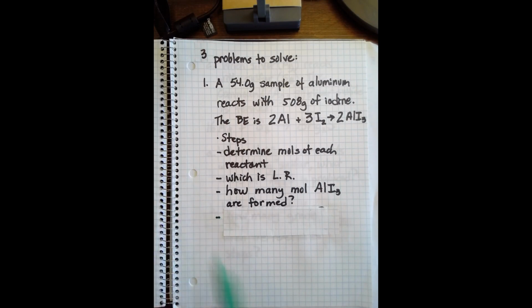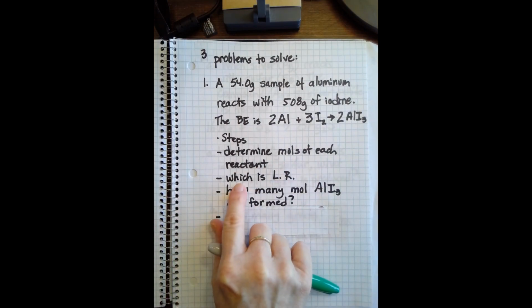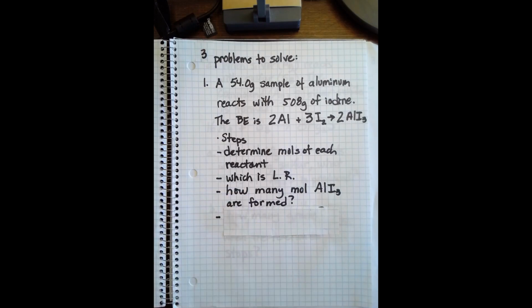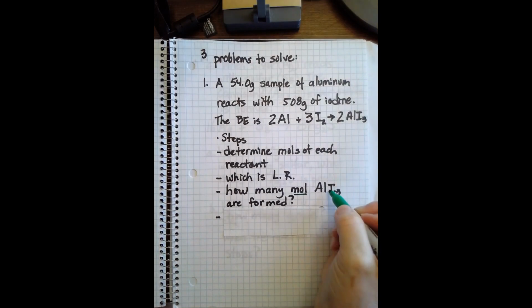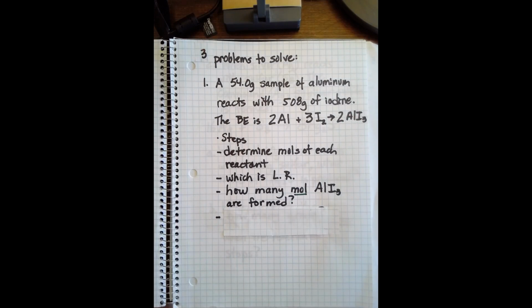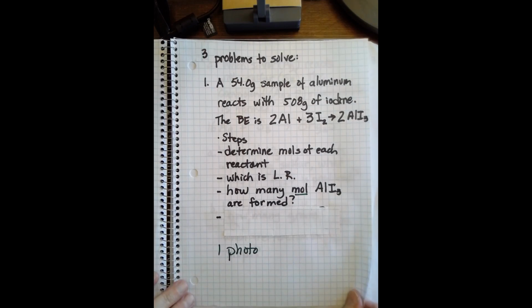Now, you are going to determine the moles of each reactant, determine the limiting reactant, and then tell me how many moles of aluminum iodide are formed in this reaction. That's your first assignment. Upload 1 photo of this work.